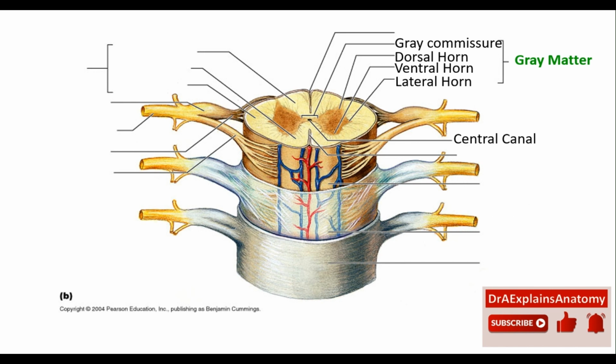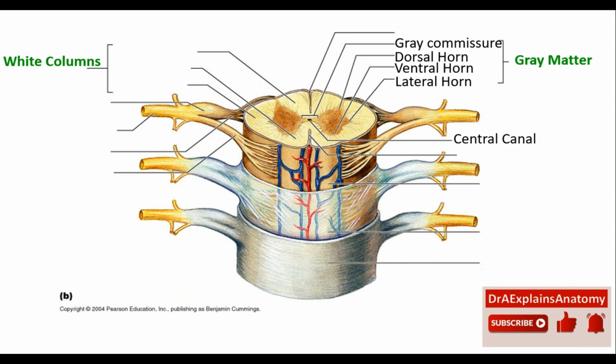At the center, we have the central canal. In my video on the ventricles, we mentioned that the fourth ventricle narrows down to the central canal. The central canal runs through the entire spinal cord. The central canal is filled with the cerebrospinal fluid.